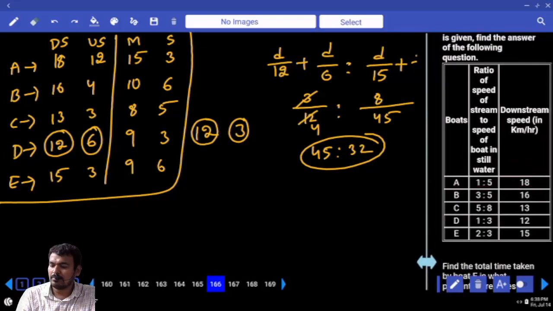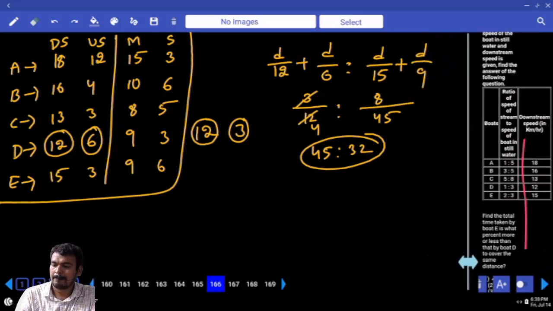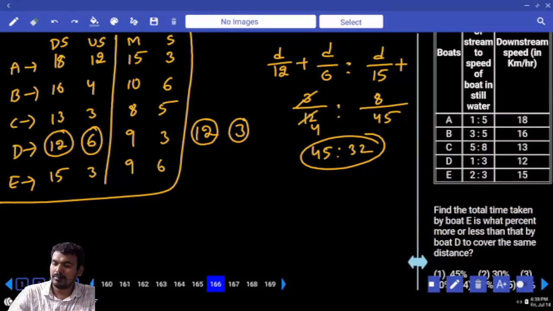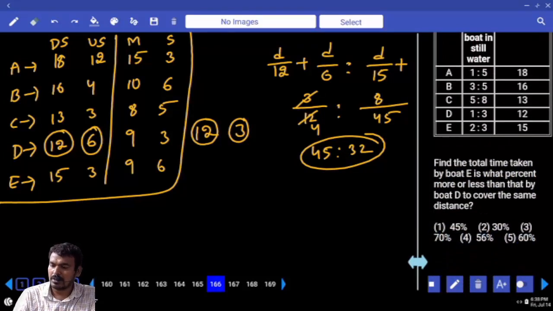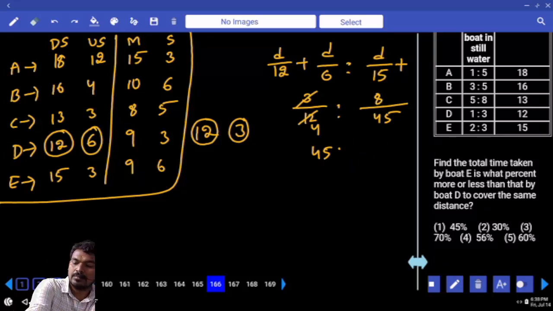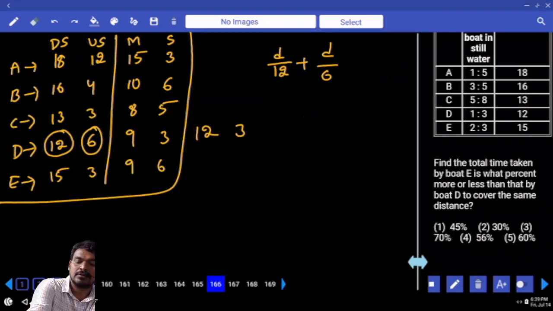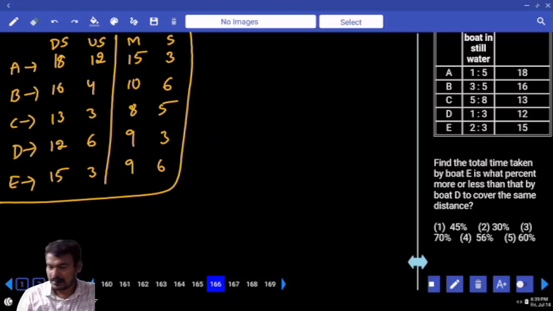Next 166. Find the total time taken by boat E is what percent more or less than that by boat D to cover the same distance or different distance? Same distance. First boat E. What is the distance value?